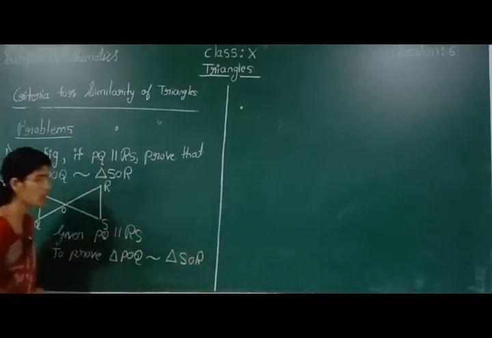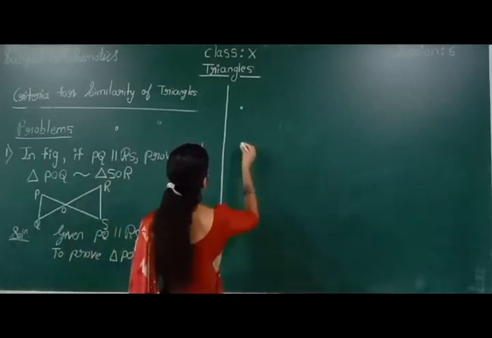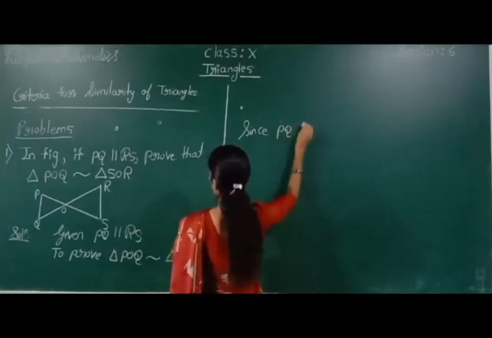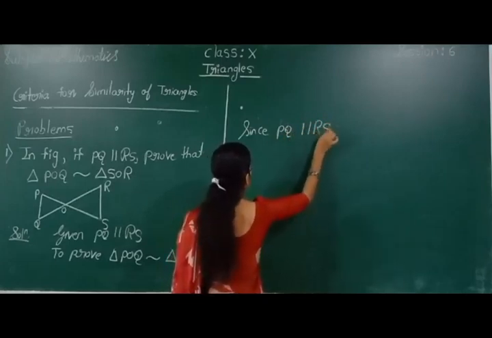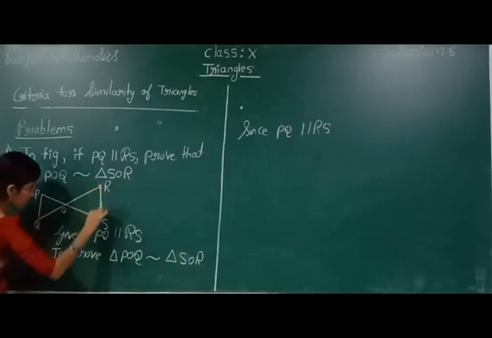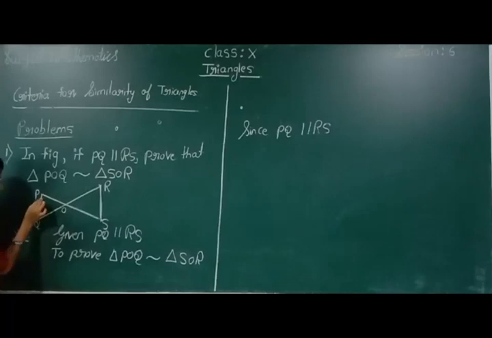This we have to prove here. Now see here, since PQ is parallel to RS, this is acting as a transversal. What we can tell is angle P is equal to angle S.